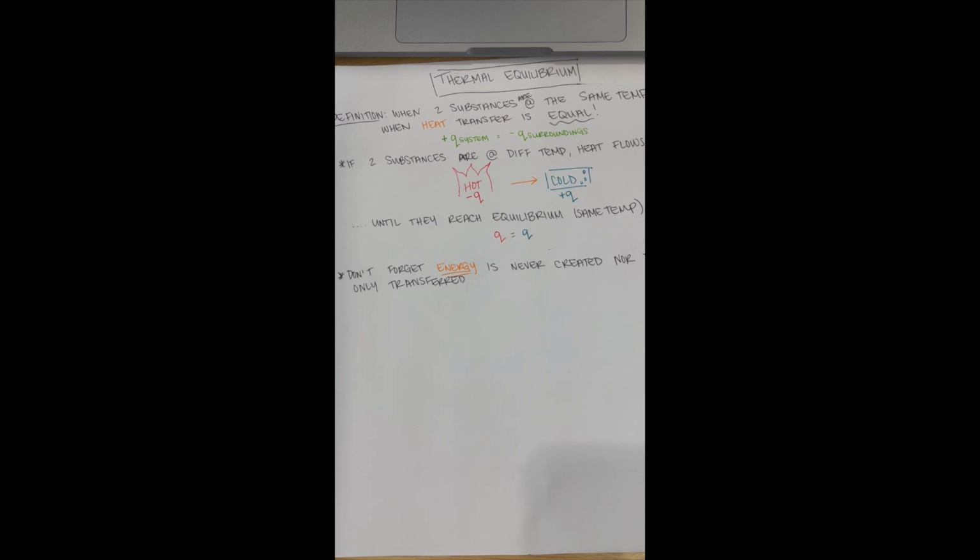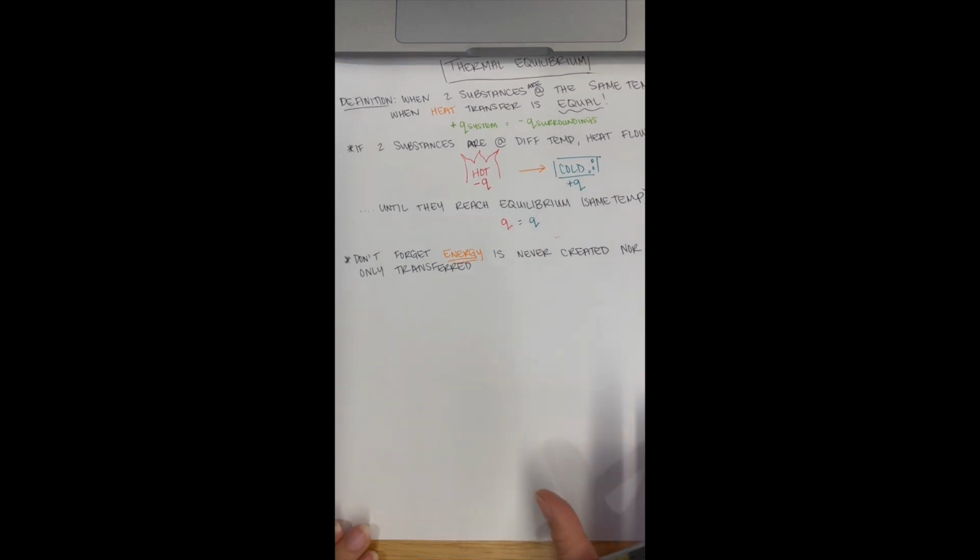Okay, so last time we were talking with those hot and cold energy diagrams about having a system and having a surrounding, where your cold pack or your hot pack is the system, and then we have these surroundings.